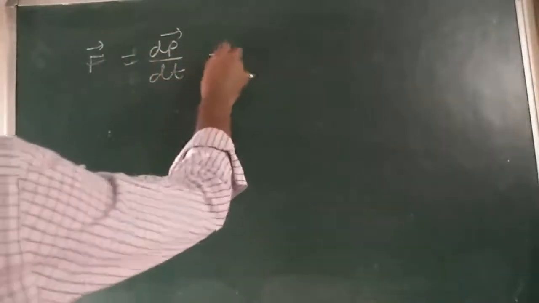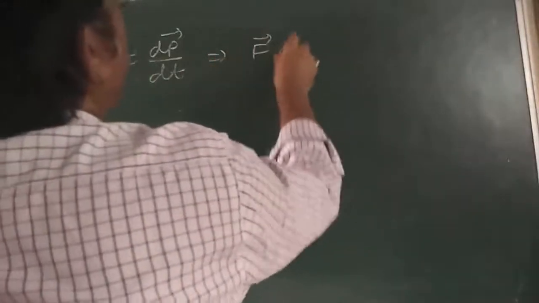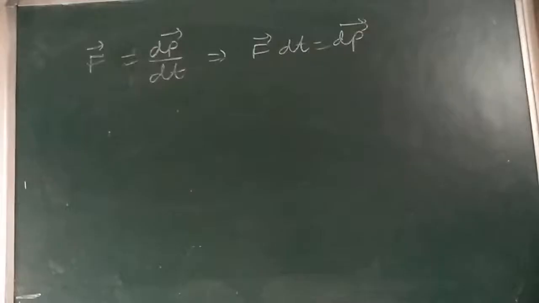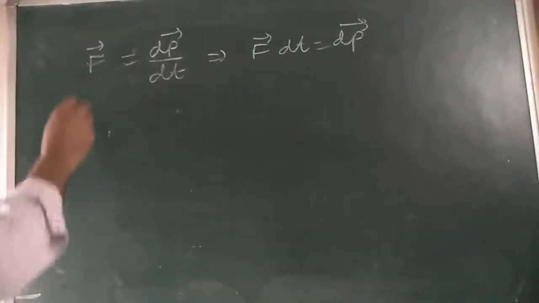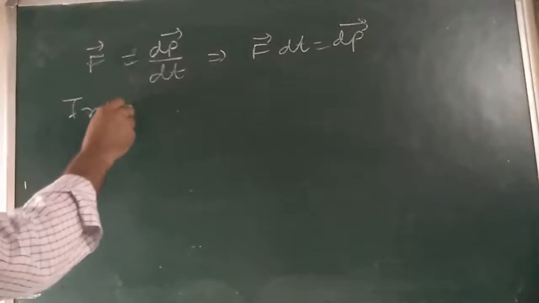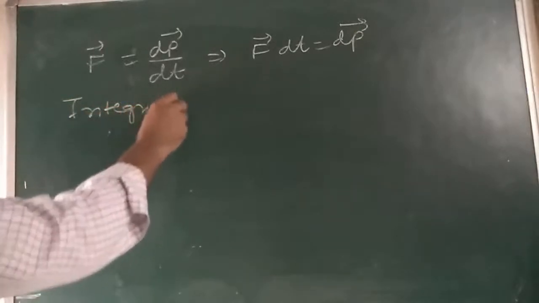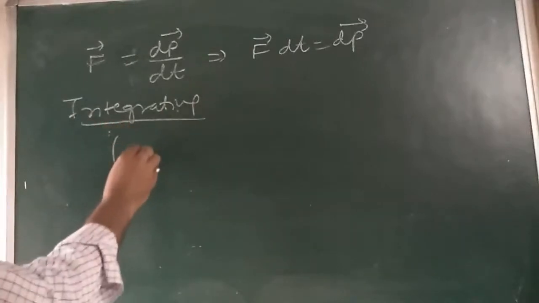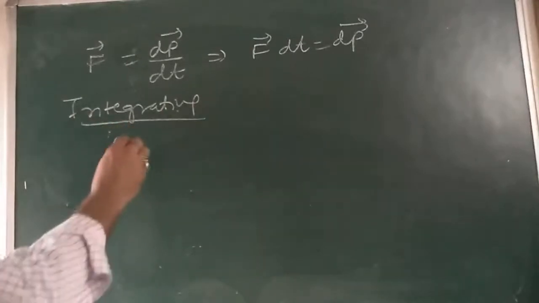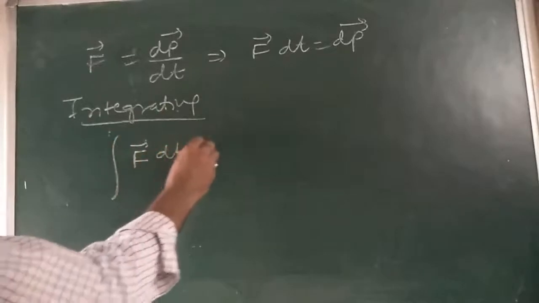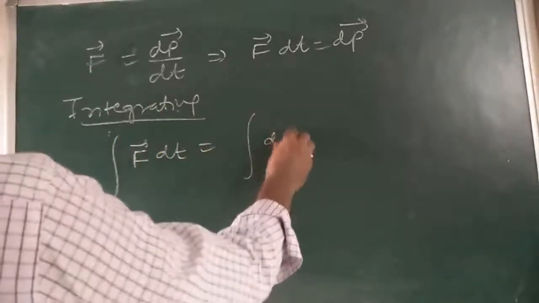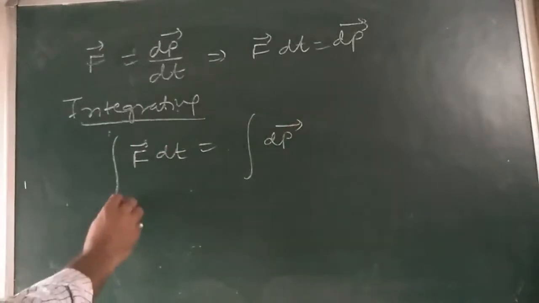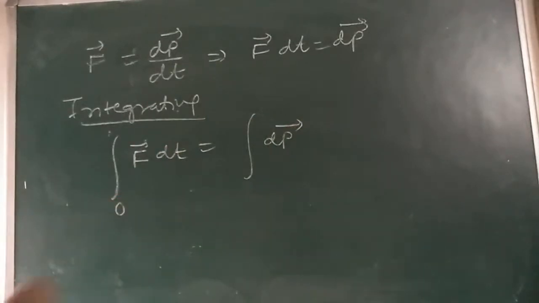So I can write here F dt is equal to dP. Integrating both sides, we know the integration sign is here. Integral of F dt is equal to integral of dP. Suppose the initial time is 0 and the final time is t.